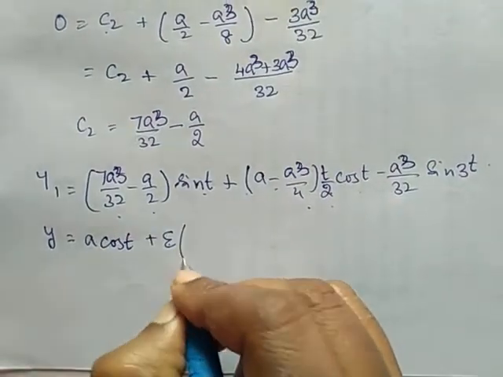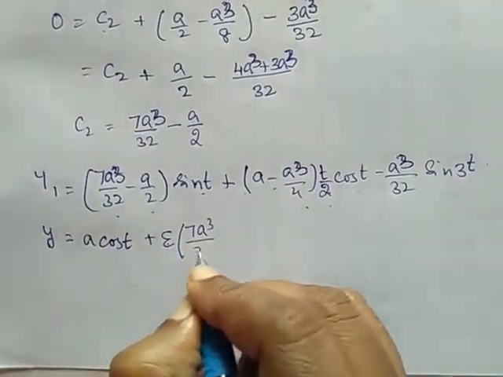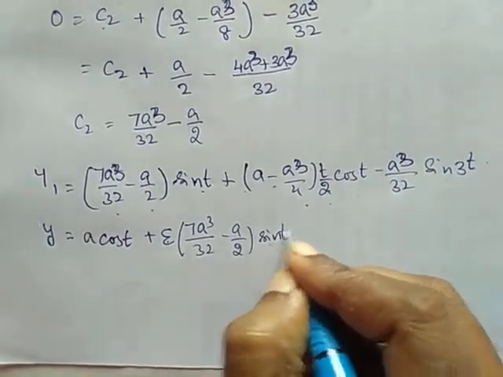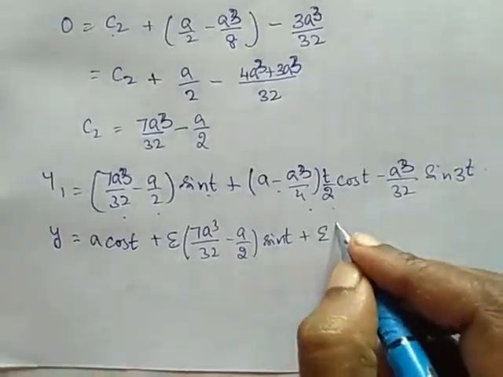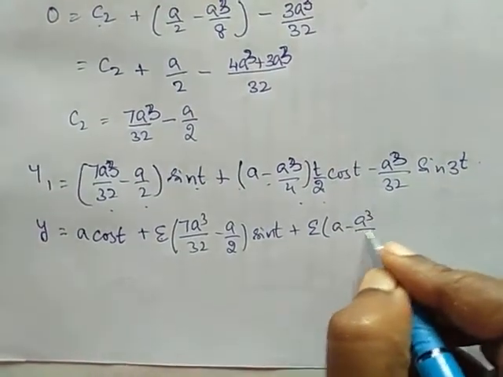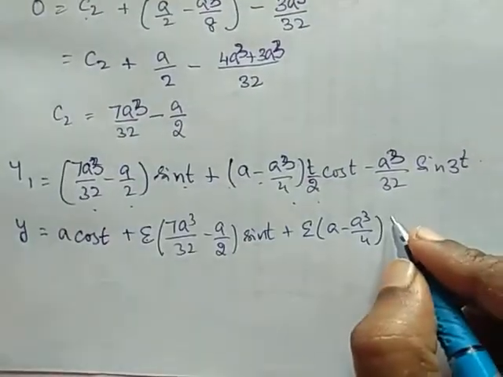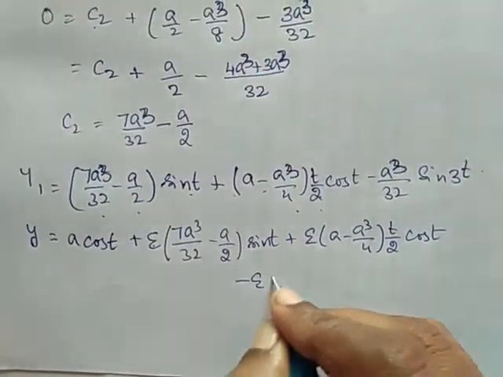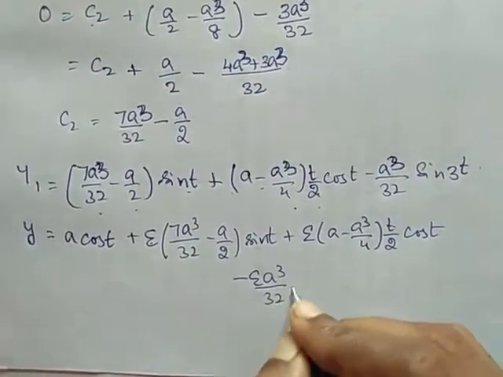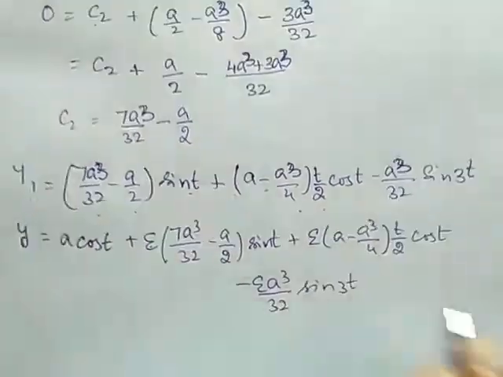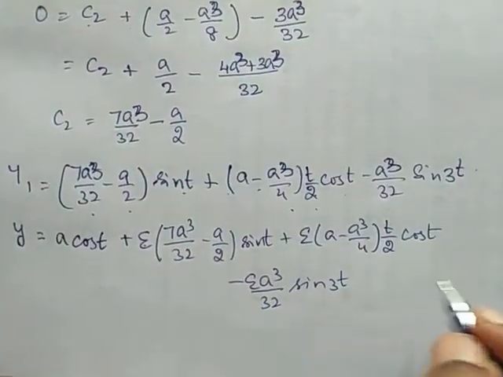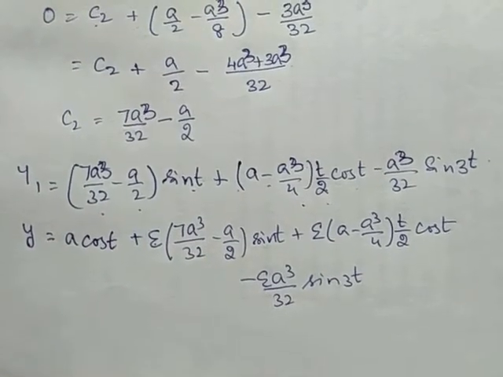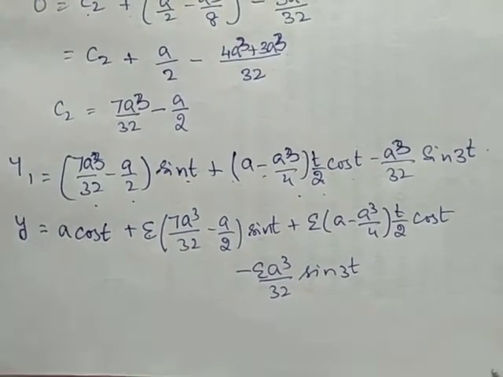Epsilon into 7 a cube by 32 minus a by 2 sin t plus epsilon into a minus a cube by 4 t by 2 cos t minus epsilon into a cube by 32 sin 3t plus epsilon squared into y2 etc. This is the two-term perturbation solution of the given van der Pol equation.